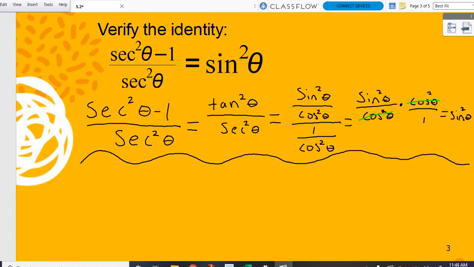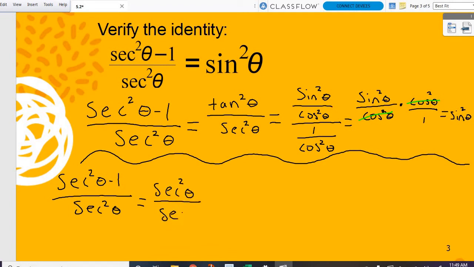The other thing we can notice is that we can't reduce the secant squared, but because we just have secant squared in our denominator, we could have started by breaking this apart into two fractions instead, which is okay as long as we divide both of them by that secant squared.